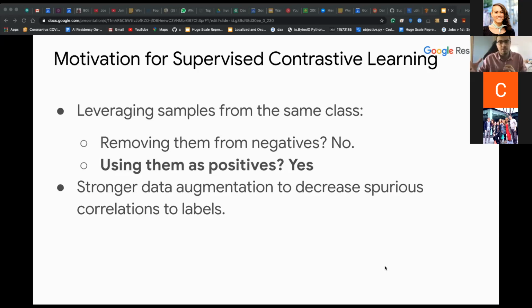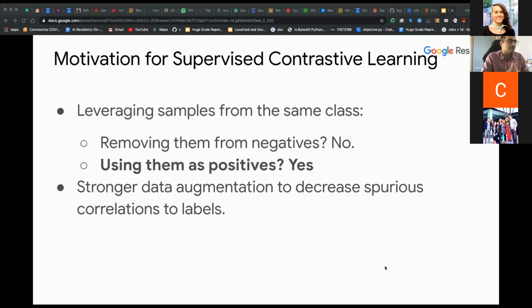And there has been recent work which shows that there are other ways to get around this. But our way was that you actually use them as positives, in the sense that samples from the same class, but which are not data augmented versions of the anchor, you pull them closer to the anchor instead of just not pushing them away, if that's clear.